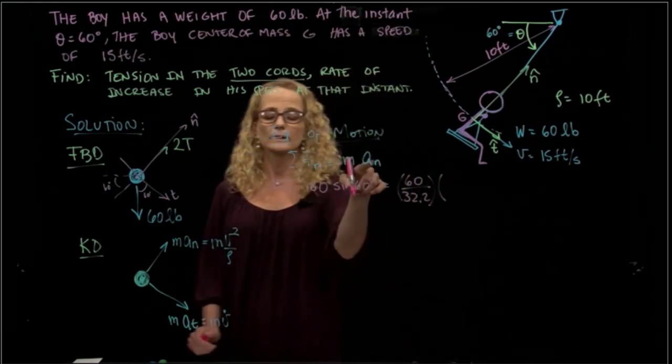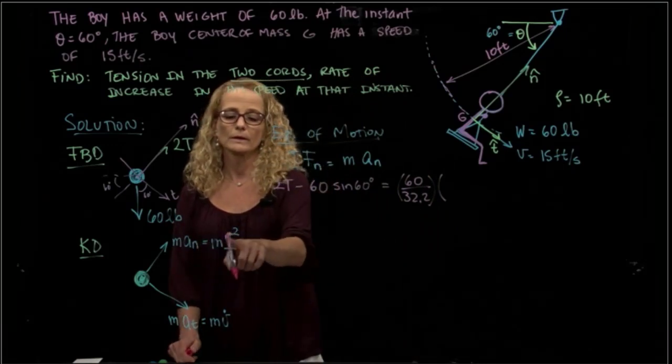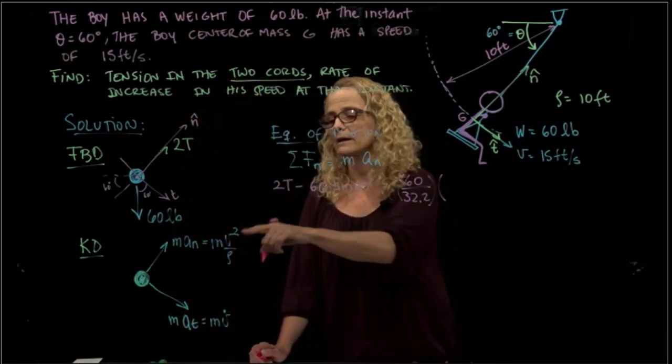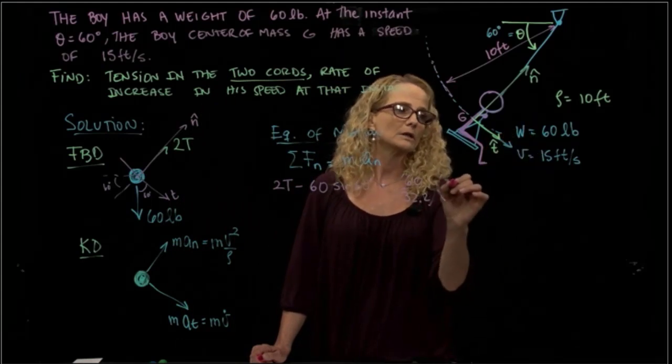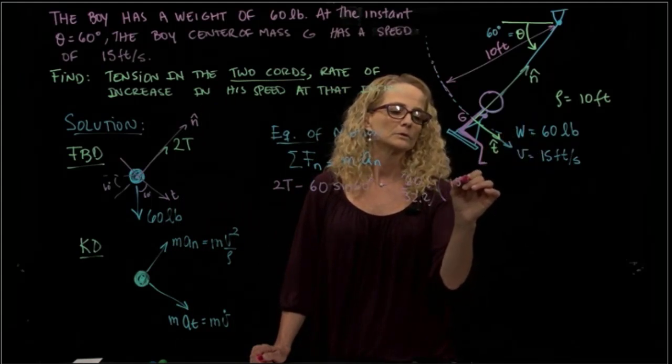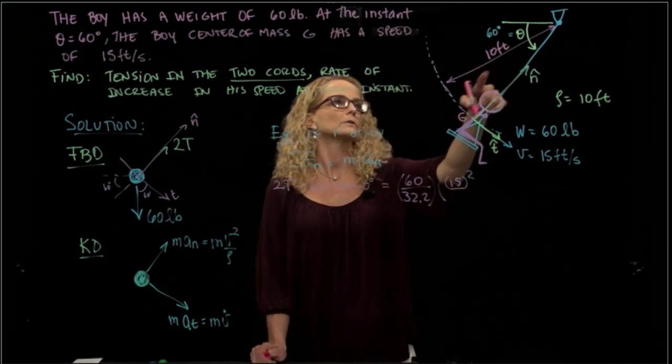The normal acceleration, which we already wrote right here, is the velocity squared, where the velocity is given, over the radius of curvature, which is 10.